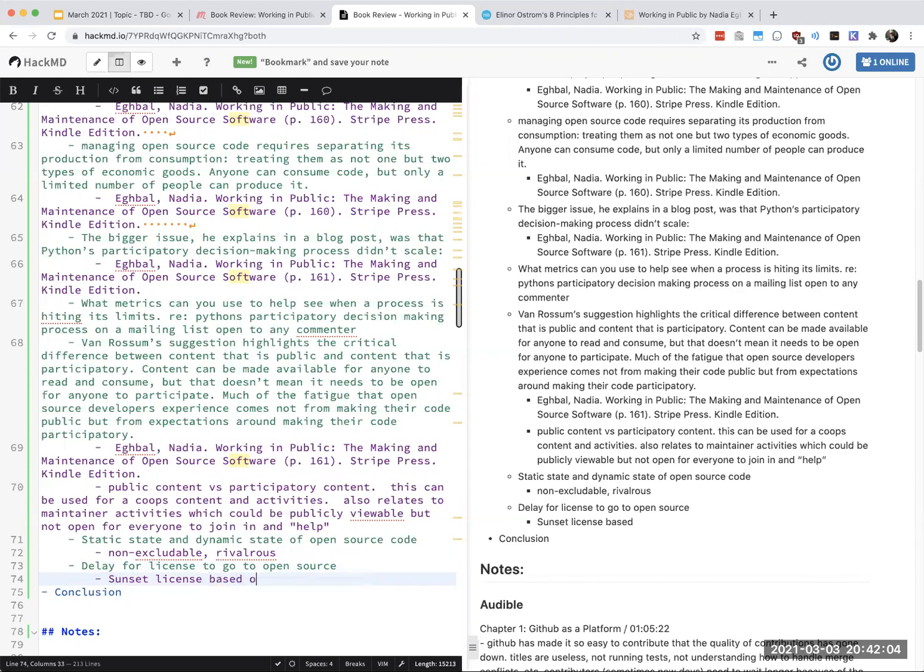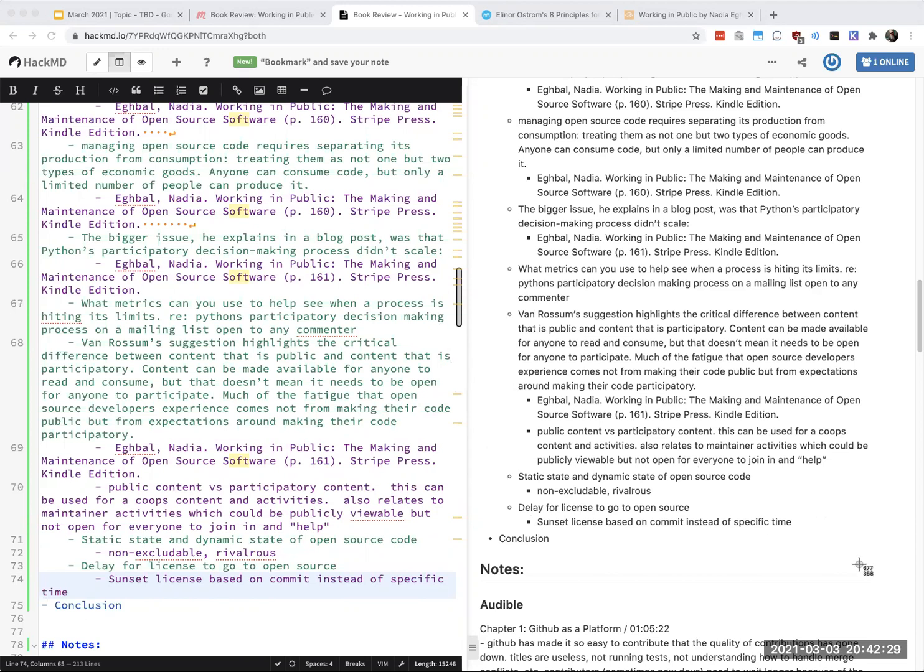I guess with the sunset license, I want to say O'Reilly books have a sunset license. After a while, they are all Creative Commons, the whole thing. But with open source, one of the points in the book is that there's maintenance going on.